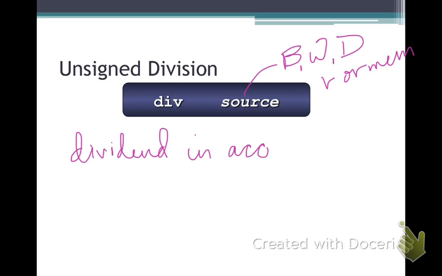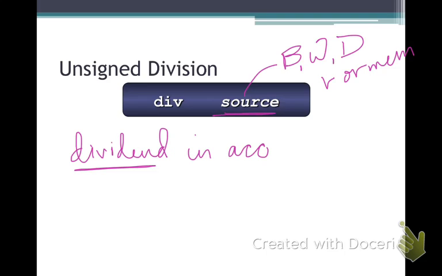So, if you're ever asked to report what's in E-flags after division, say put question marks or say not applicable. It doesn't apply. I don't know what they'll be. I know that they changed or they had the potential to change, but I don't know. There's no way to predict exactly what they'll be.